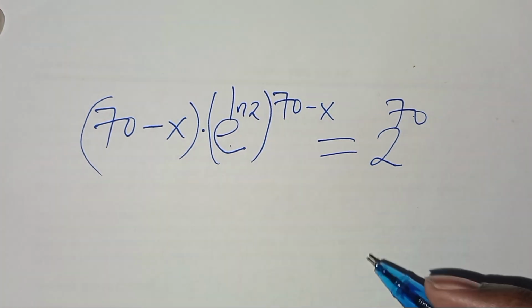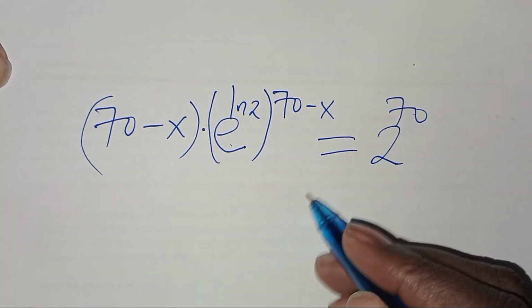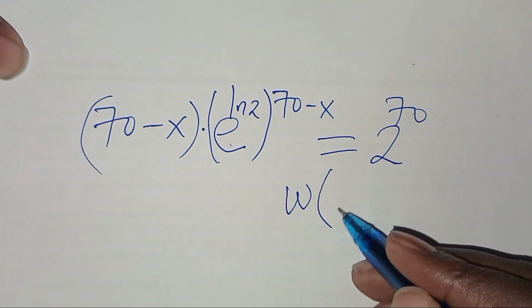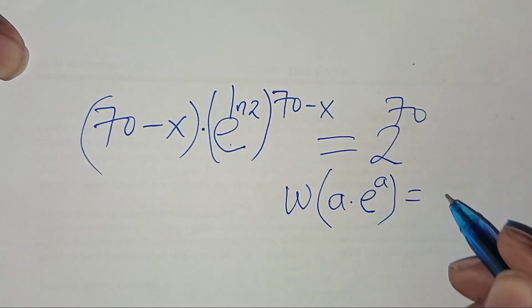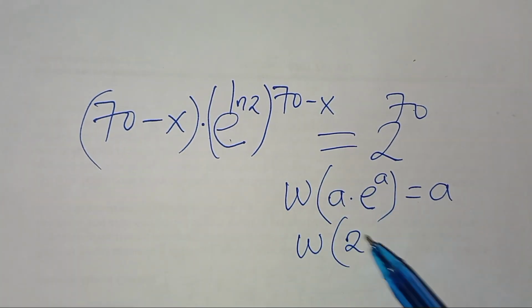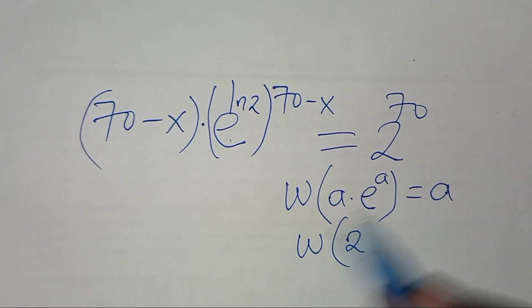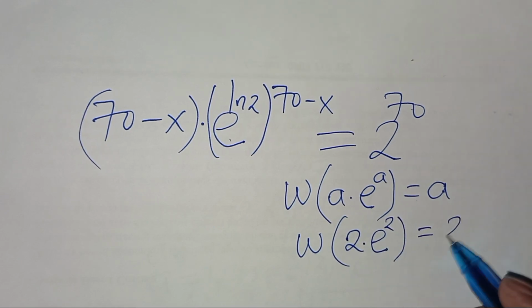The next step: if you have the Lambert W function of a multiplied by e to the power of a, this is basically equal to a. For instance, if you have the W function of 2 multiplied by e to the power of 2, this is equal to 2.